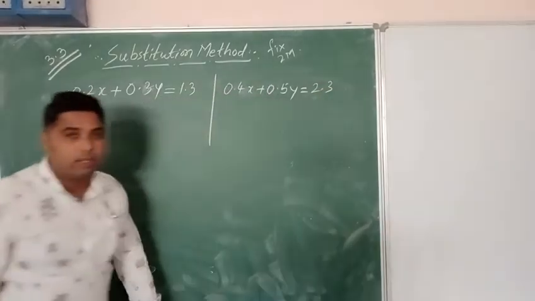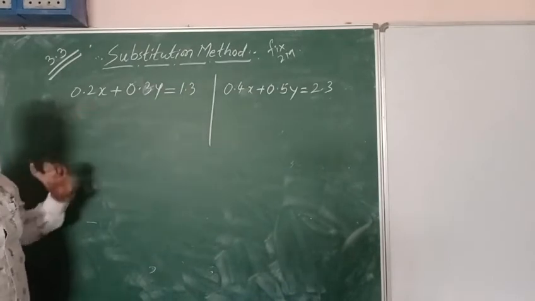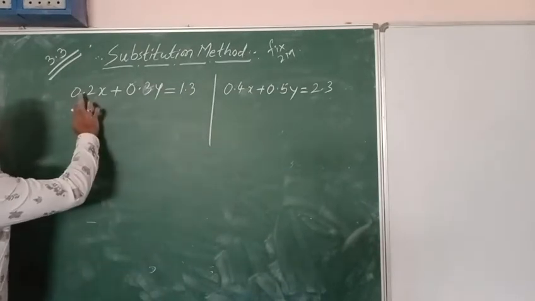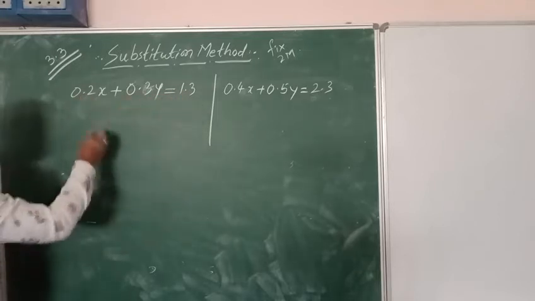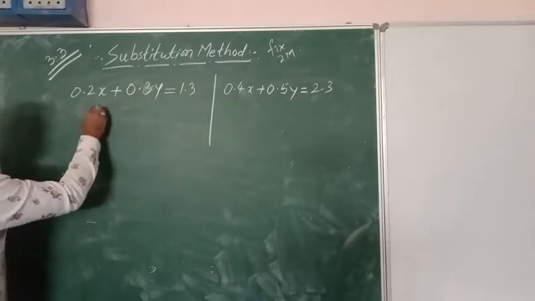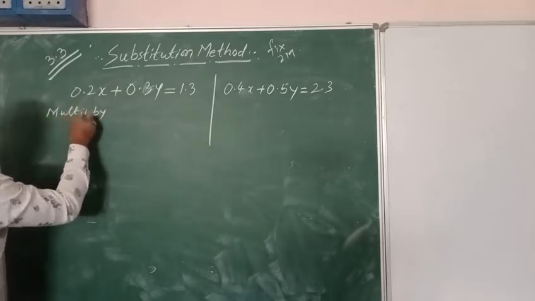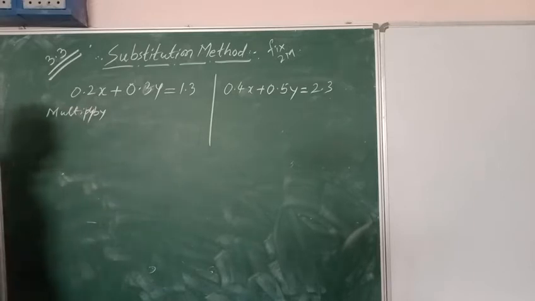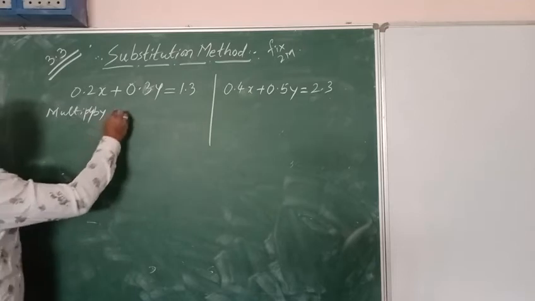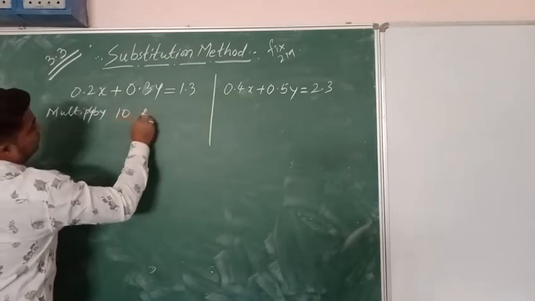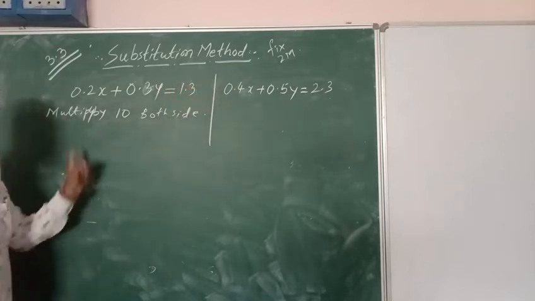So look at this. This is in decimal form. No matter, let it be in decimal. So here you see, after the point there is one digit, and the same way in the other. So what I do here, you can write, multiply. I am going to multiply by what? Ten. So I am going to multiply by 10 on both sides, that side as well as this side.